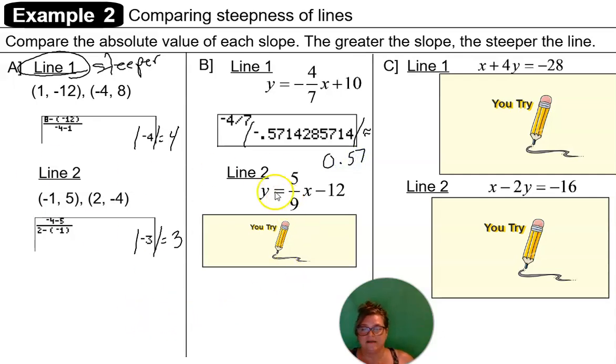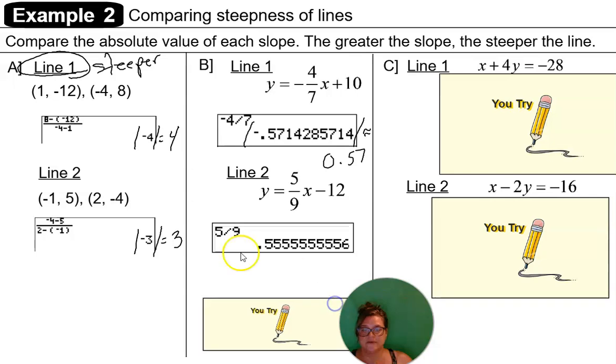Okay, then we're going to compare that to the slope of line 2. Y equals 5/9 x minus 12. 5/9 is the slope. It's the coefficient on the x in slope-intercept form. And so 5/9 is about 0.56. Since 0.57 is larger than 0.56, line 1 again is going to be the steeper line.